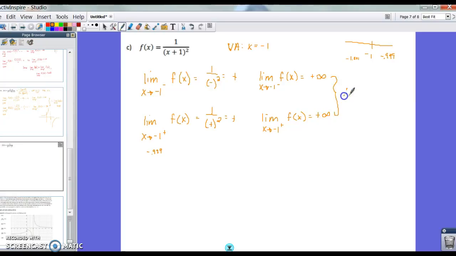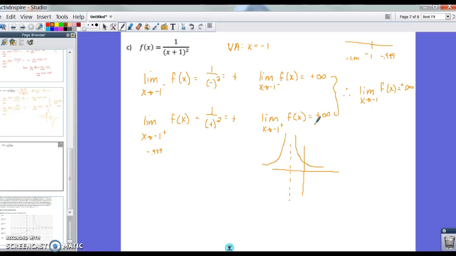And because of that, I can conclude that the limit as x approaches -1 is positive infinity. So in this graph, here is my asymptote at -1, and my graph is doing something like this. So both sides are approaching positive infinity.